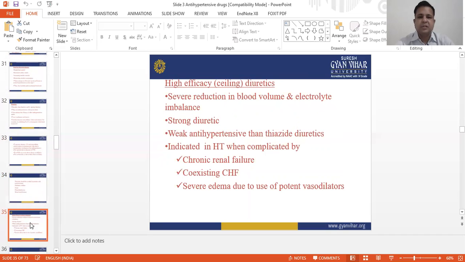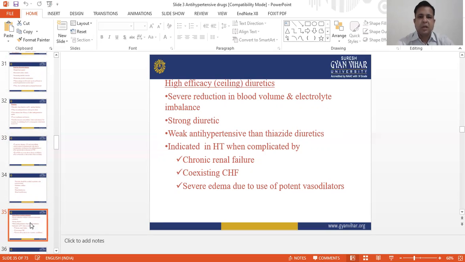High efficacy diuretics are also called ceiling diuretics. They cause severe reduction in blood volume and electrolyte imbalance. They are strong diuretics but weaker antihypertensives than thiazide diuretics.